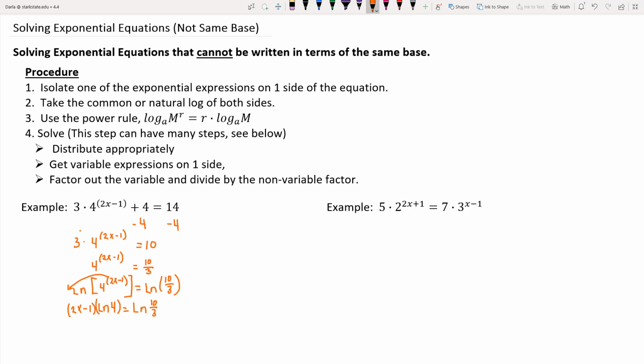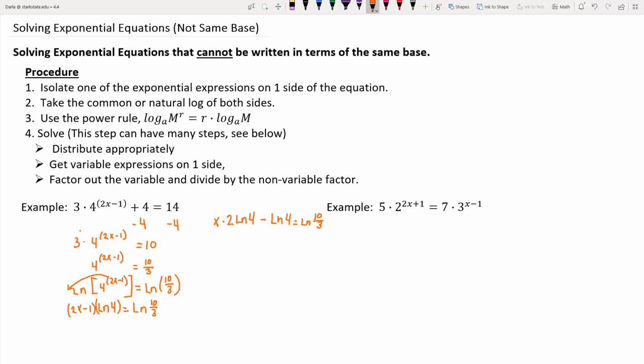Distribute that natural log of 4 on the 2x, and I'm going to keep my x separate, so I'm going to go x times 2 instead, but then multiply that by the natural log of 4 minus natural log of 4 times 1 is just natural log of 4, so that's distributing, equals the natural log of 10/3.